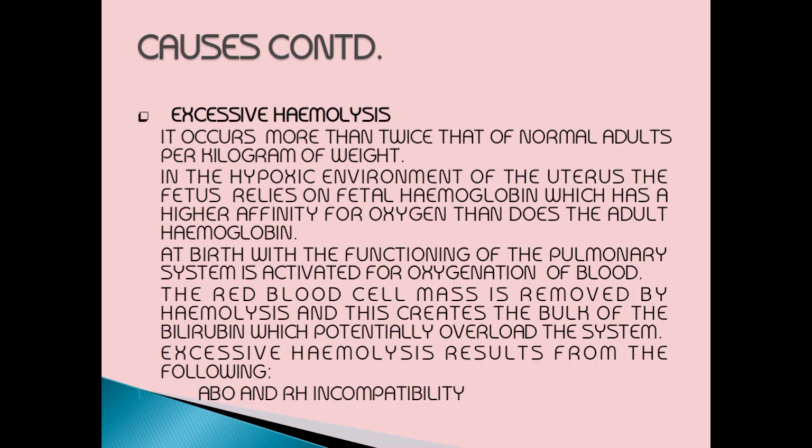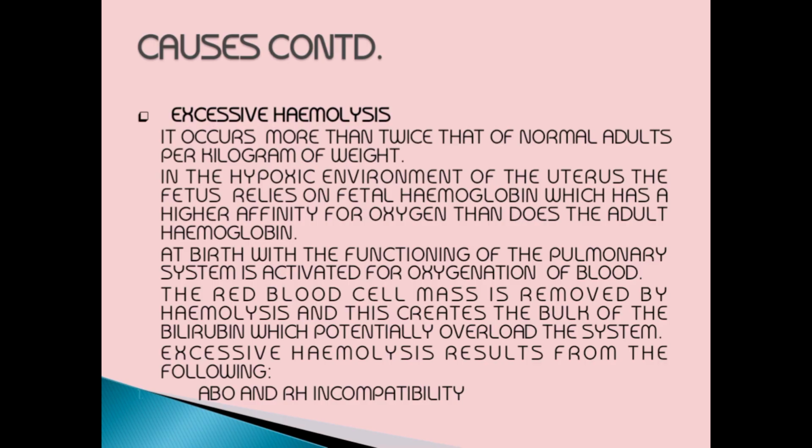In the hypoxic environment of the uterus, the fetus relies on the fetal hemoglobin, which has a higher affinity for oxygen than does the adult hemoglobin. You need to understand that even the conjugation of bilirubin is facilitated by the presence of what?